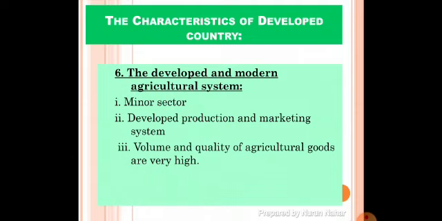A developed production and marketing system is also ensured so that the produced commodities can be taken from the field to the market easily. Volume and quality of agricultural goods are very high. That's why farmers can get the right wage and economic development occurs.